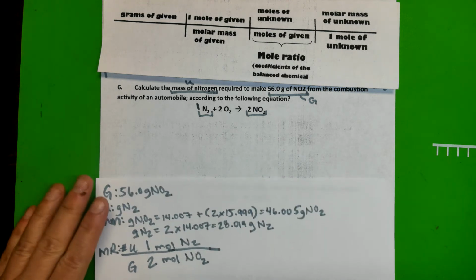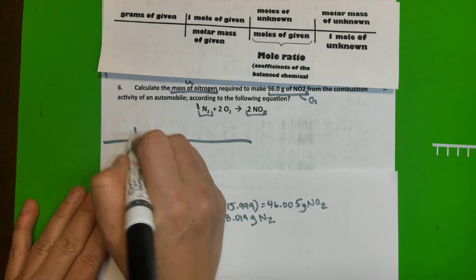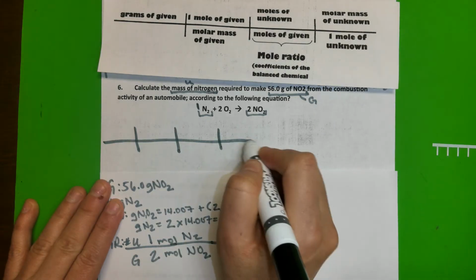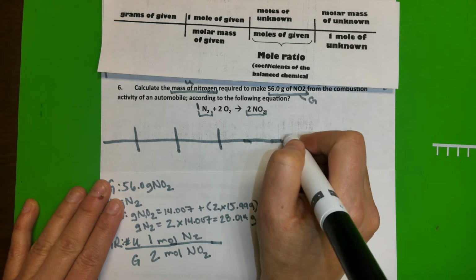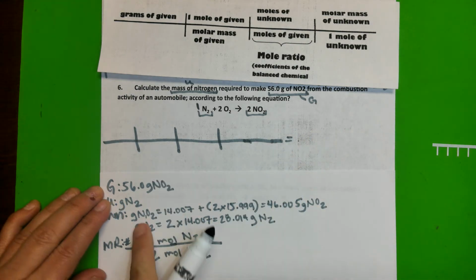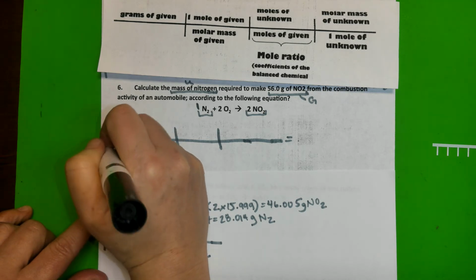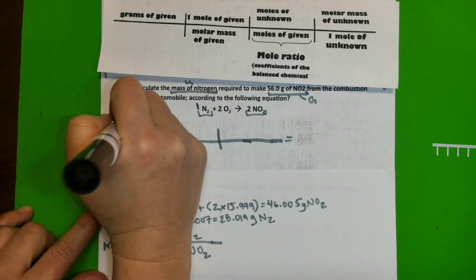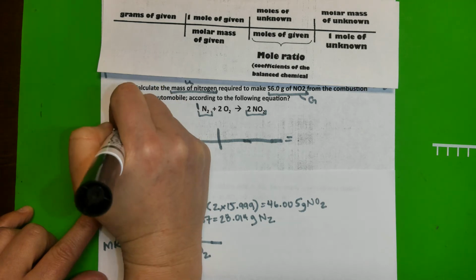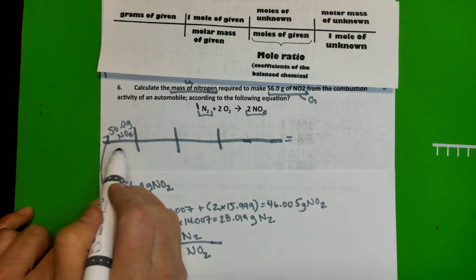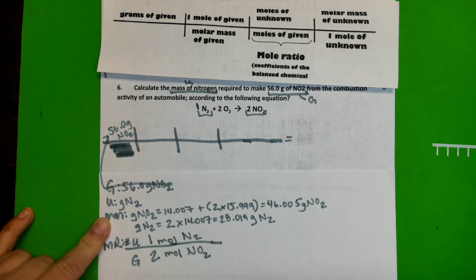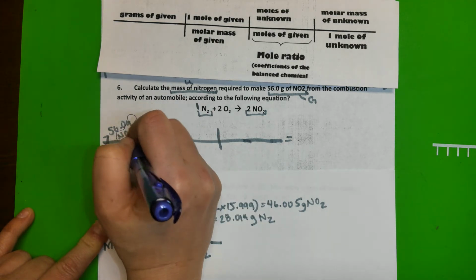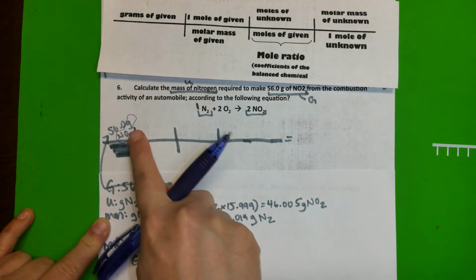Okay, so if we look at the setup, we start with our always given number, which is 56.0 grams of NO2. There's nothing at the bottom, or you could just put 1. Okay, so we're done with our given. Now, since this is grams of NO2, and you could always check, this is grams of given.